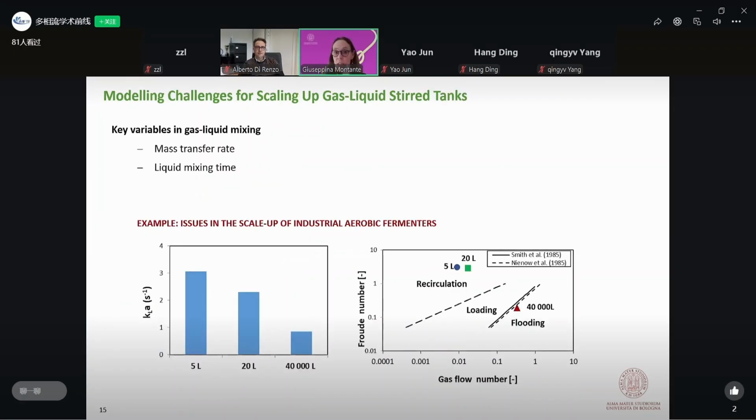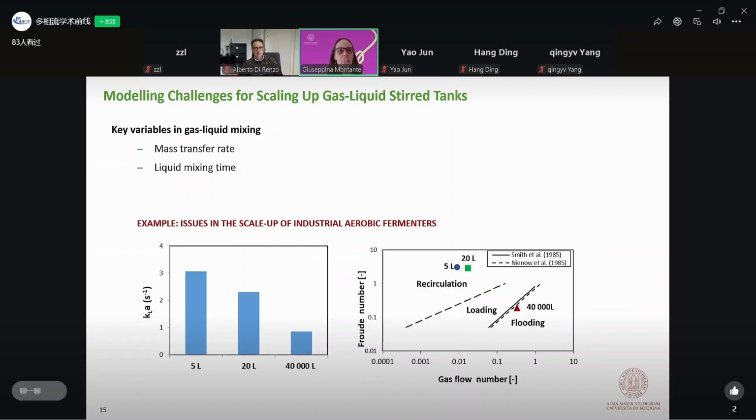More challenging is the case of gas-liquid stirred vessels, whose application, as I mentioned before, for instance in the pharmaceutical industry, is significant because a lot of molecules are produced by aerobic fermentation, and aerobic fermentation, of course, is affected by gas-liquid mass transfer, which is often the limiting step.